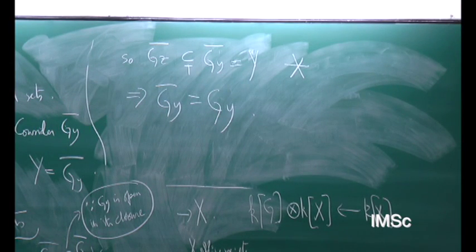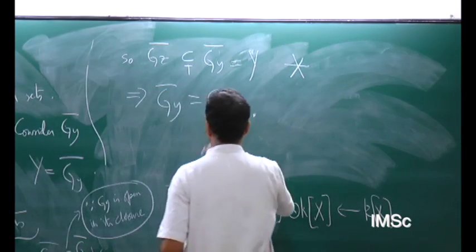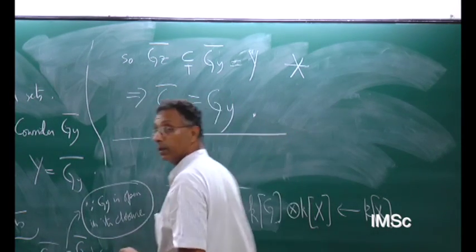The contradiction arose because I assumed that there was something in this set of orbits. That is what led to the contradiction. Therefore this cannot be, which means this is empty, and therefore Gy is a minimal orbit, a closed orbit. Is this clear?